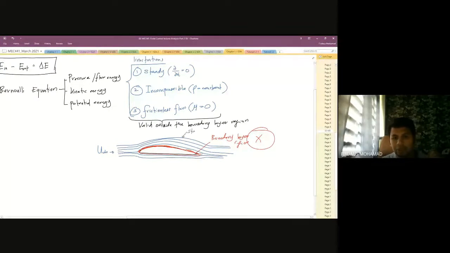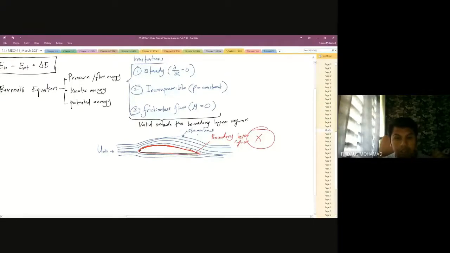Okay, so for this streamline, the boundary layer, the Bernoulli equation is valid. Sebab apa? Dekat sini, the velocity is almost steady. Memang definitely akan steady, which is outside the boundary layer region. The flow is steady, and then incompressible, and then there is no friction.